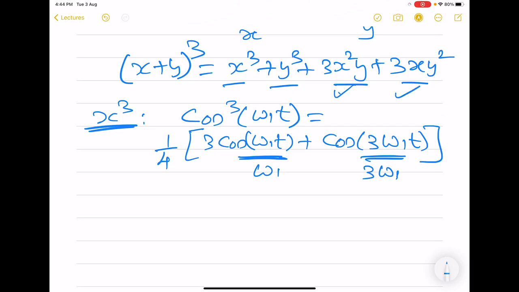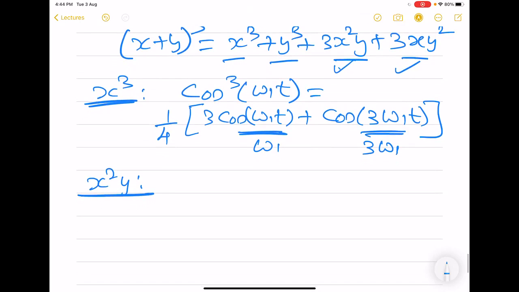So, for the x square y type of term, what we are going to get is cos omega 1t whole square into cos omega 2t.